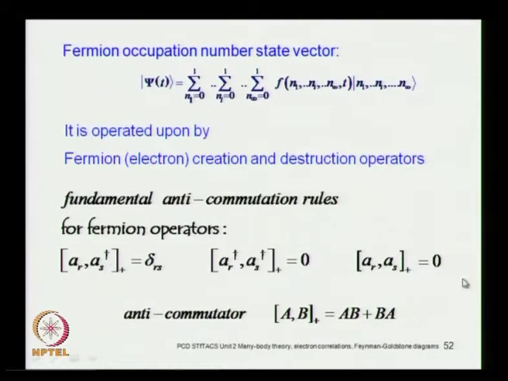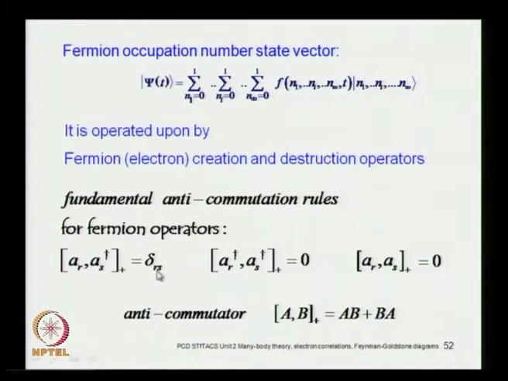The anti-commutator of A and B, with a plus subscript after the square bracket, is AB plus BA, and for A_R and A_S dagger you have delta RS, the Kronecker delta.